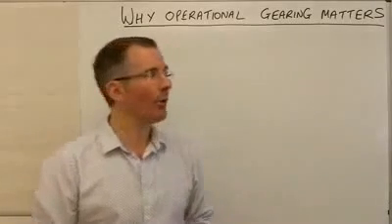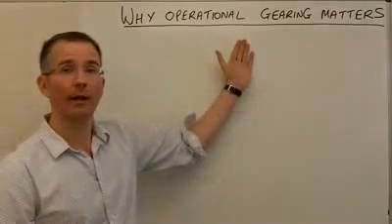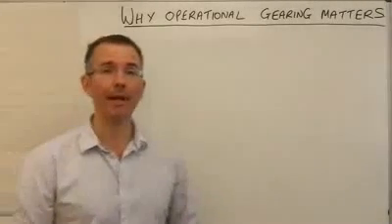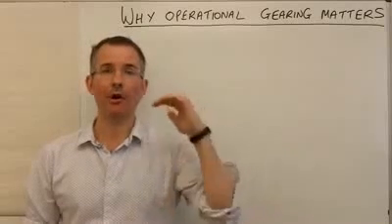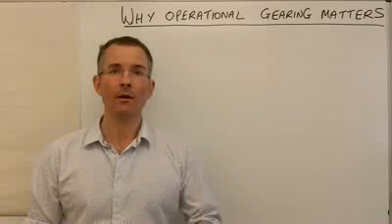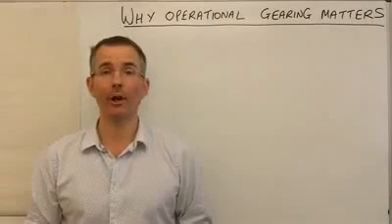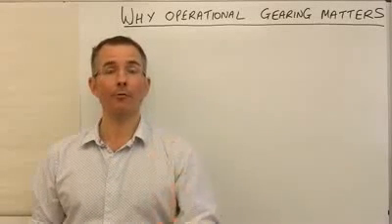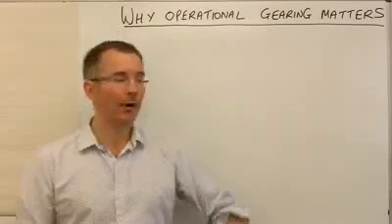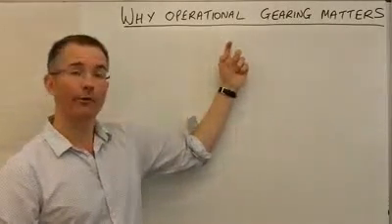Okay. So, before we dive straight into operational gearing, a little bit of background about companies. Essentially, a company's profits are a function of the amount it sells minus all of the costs it incurs. So, sales revenue minus costs equals profit. Now, operational gearing deals with costs.